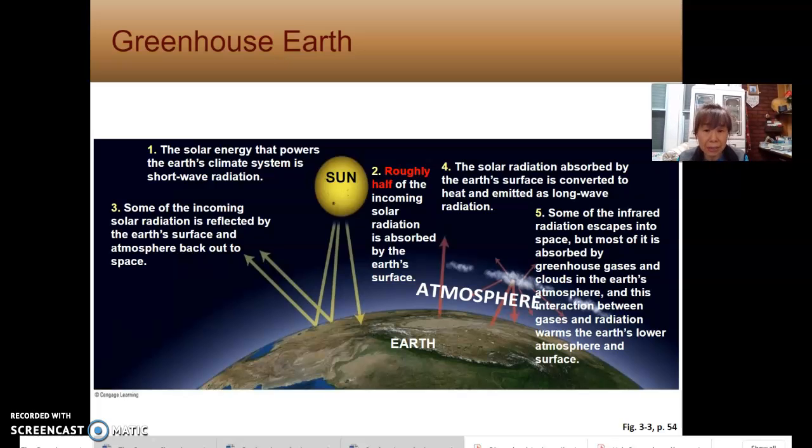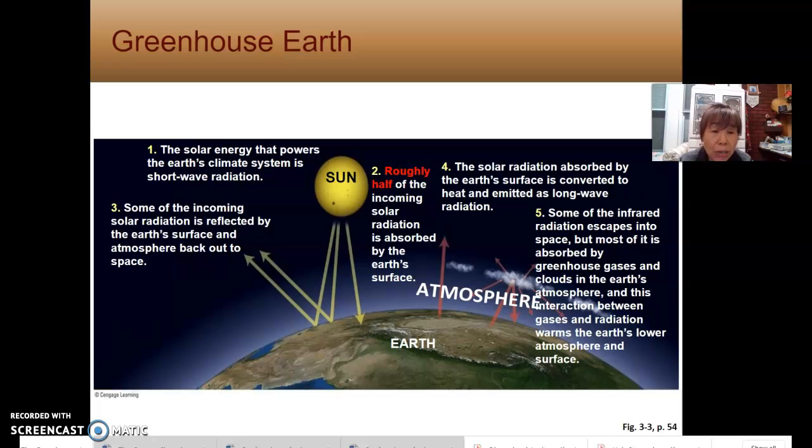The greenhouse effect, you have probably heard about many times, but we will have a quick review here. The solar energy that powers the Earth's climate system is short wave radiation. Remember, short wave radiation. Roughly half of the incoming solar radiation is absorbed by the Earth's surface. Some of the incoming solar energy is reflected by the Earth's surface and atmosphere back out to space.